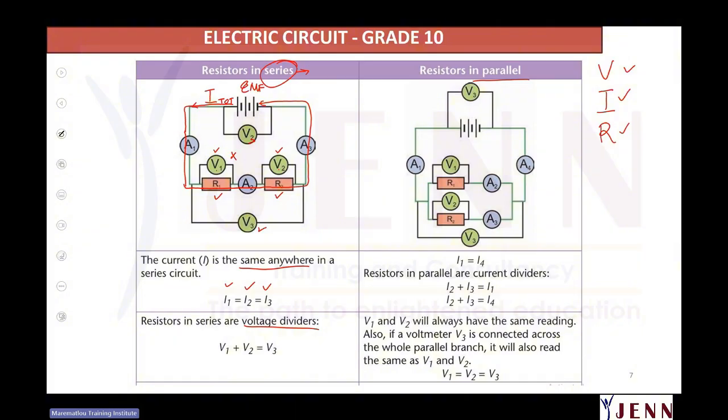When we come to a parallel connection, we do the same thing as on the other side. Look at the current flow: you can see the current exiting from the battery. It's going to pass A1. When it reaches this point, current finds itself in a position where it has to be divided.